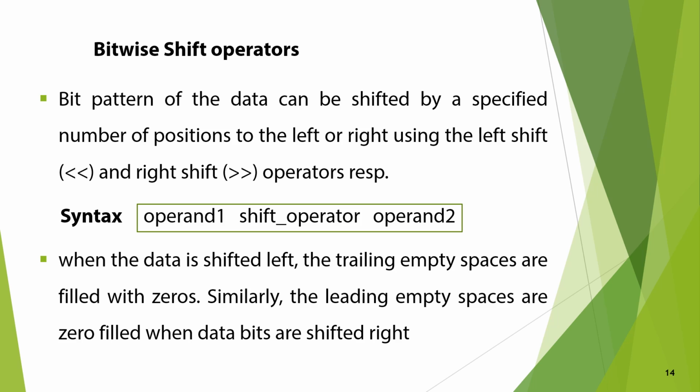Whenever data is shifted to the left, the trailing or rightmost empty spaces will be filled by zeros. And opposite to that, whenever data is shifted towards the right, the leading or starting empty spaces will be filled by zeros.